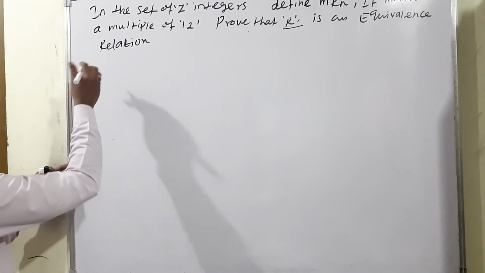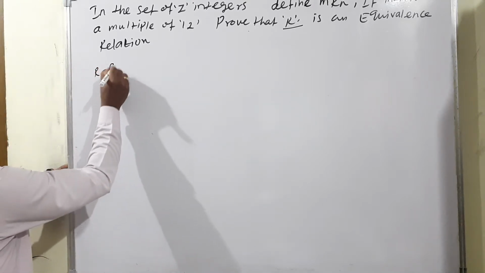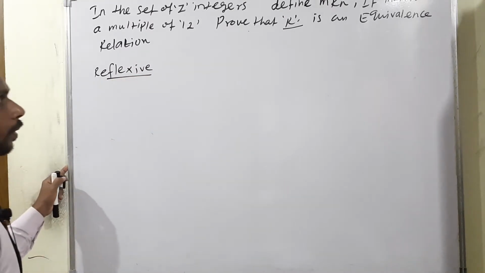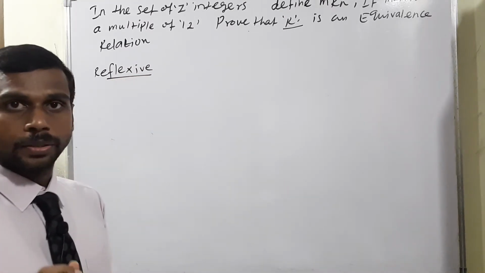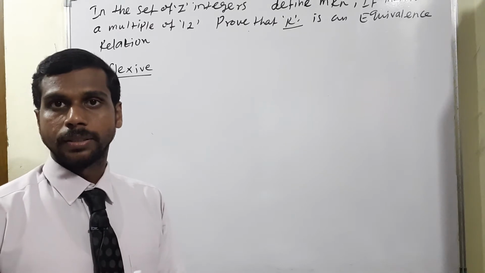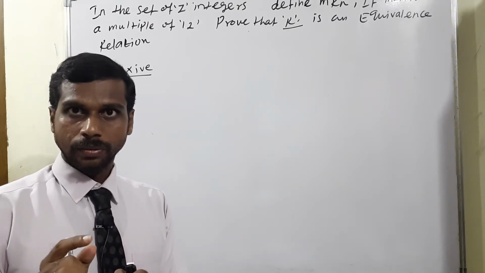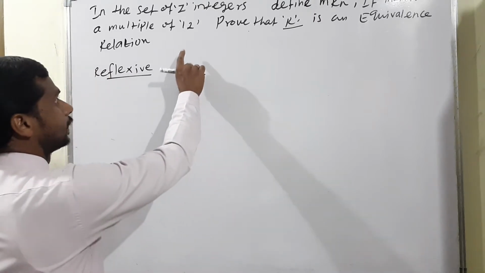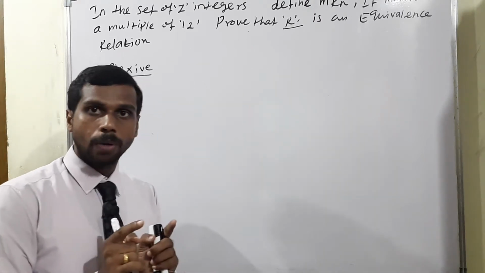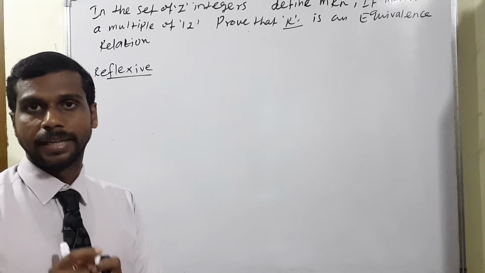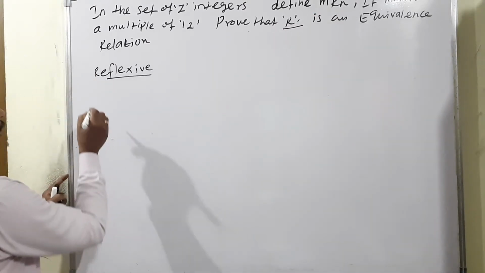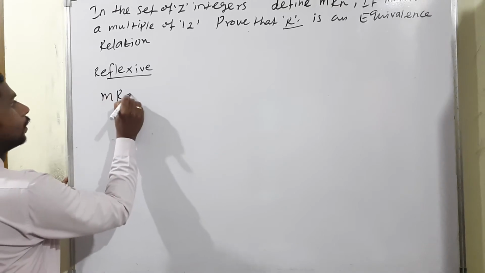Okay, first I am moving to reflexive. So, reflexive means A related to A, that is, for all (A, A). For example, if the set is 1, 2, 3, then (1,1), (2,2), (3,3) must be satisfied. For the given relation m related to n, we consider m related to m.